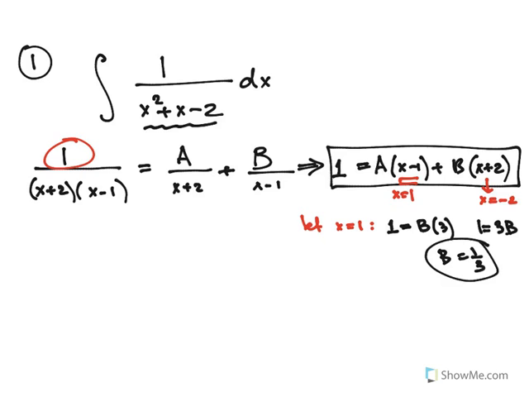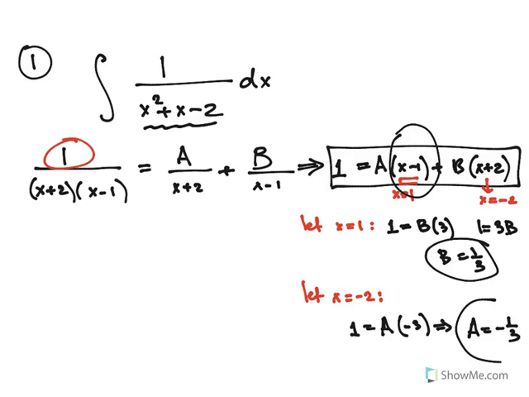Okay, now let x equal negative 2, so then you get 1 equals A times negative 2 minus 1, which is negative 3, plus 0. So therefore, A equals negative 1/3.